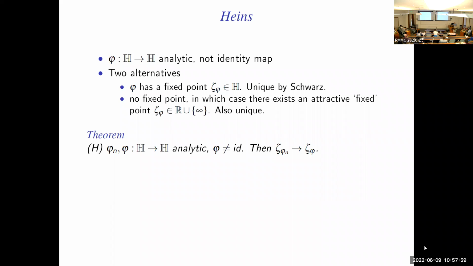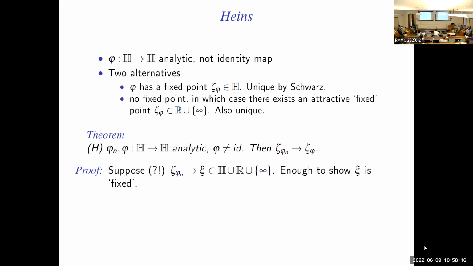Didn't I say it? I think I did say it. Phi n converges to phi pointwise. Yes, thank you. I'll have to correct that. And zeta phi n converges to zeta. So that's Heins's theorem.